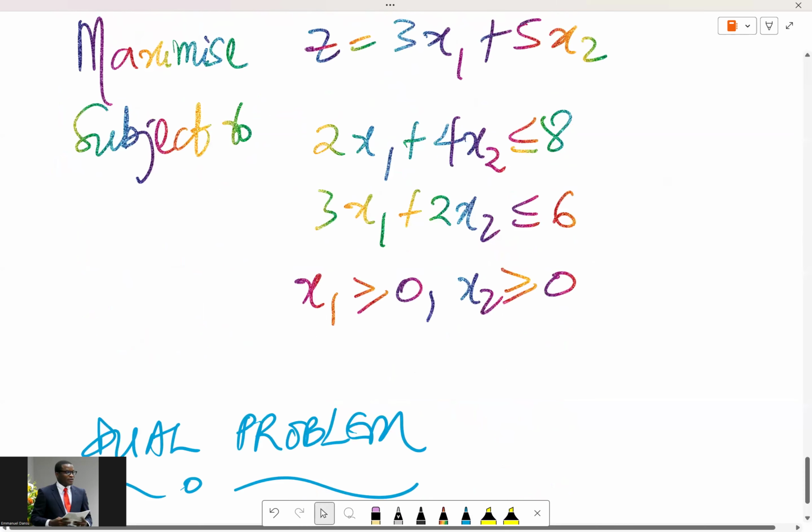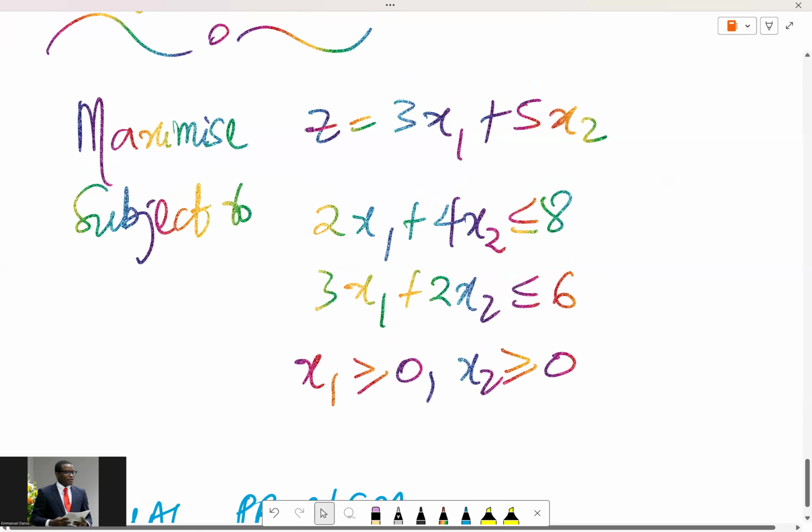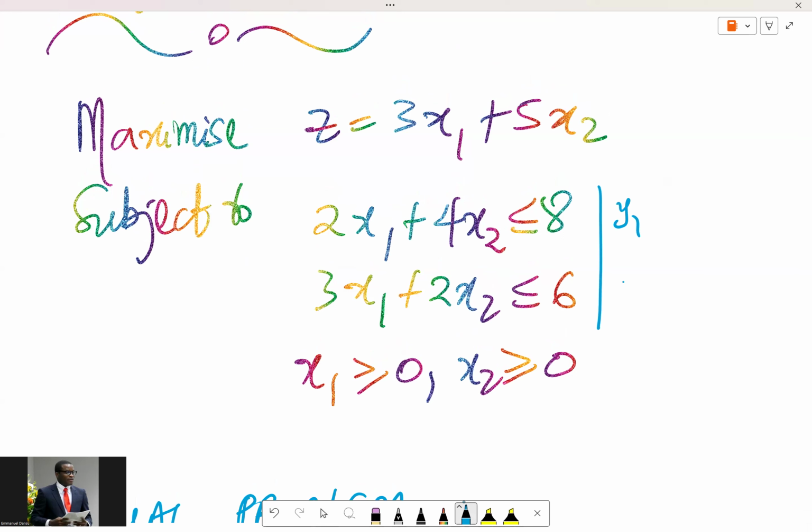Now, what you're just going to do is, you see here, the right hand side of the constraints is going to form your objective function for the dual problem. What I mean is this. You started with x1, x2, right? So now you're going to have y1, y2. Constraints in primal will result in decision variables in dual.